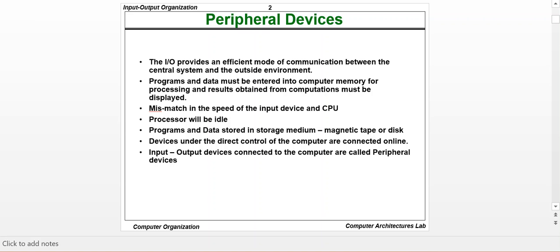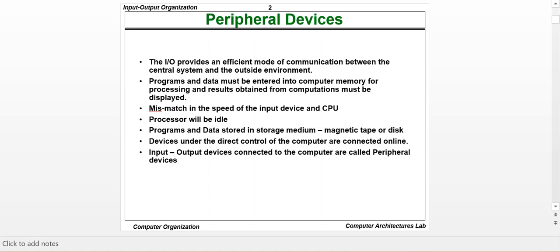So that is why we need an alternative, instead of the CPU directly involving itself in the IO process. We need some intermediary, so that the processor time is not wasted and the processor does not remain idle.